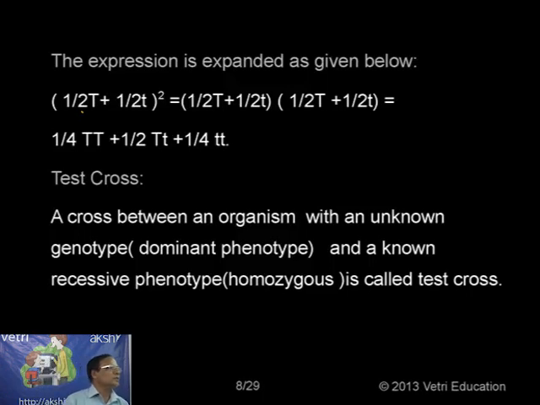Now, based on the monohybrid cross also, Mendel found certain things. We are making a cross between one parent and another parent. We do not know the nature of the dominant parent. There are two types of dominant parents: one is homozygous dominant, another is heterozygous dominant. These two parents are not externally distinguishable, and both are externally similar.